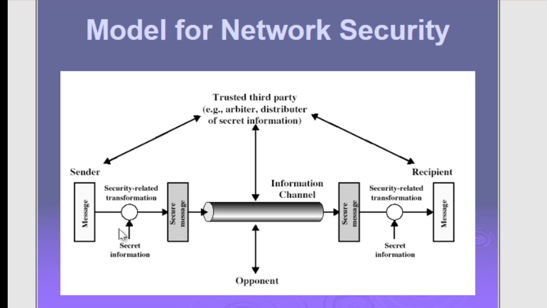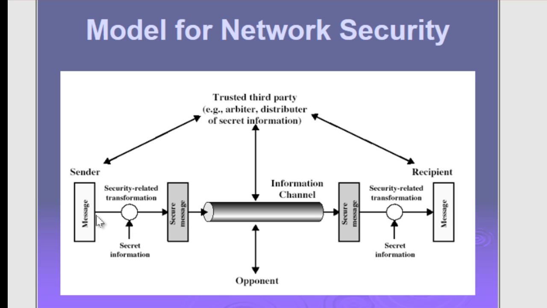That secure message is transferred through the information channel. The receiver receives the secure message and decrypts it using the same secret information. Sender and receiver have to use the same secret information for encrypting and decrypting the message. Once he decrypts the message, he gets the original message.